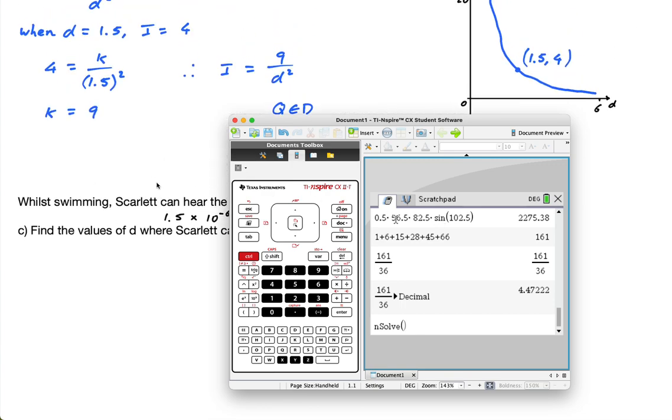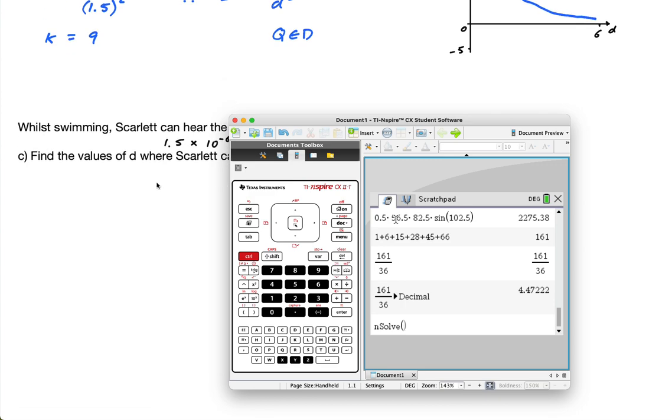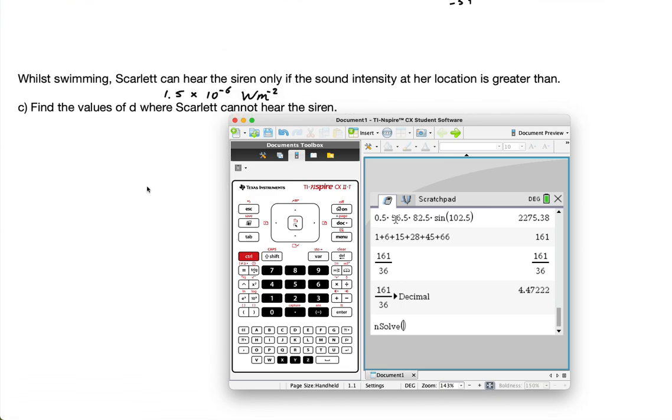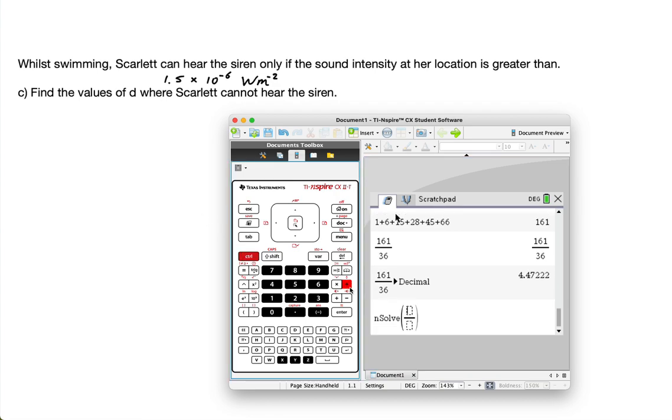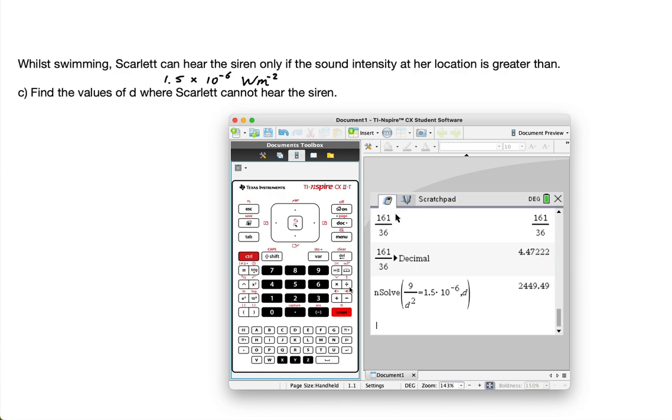So where does 9 over d squared equal 1.5 times 10 to the power of minus 6. And remember, you have to do comma d, and this is the answer.